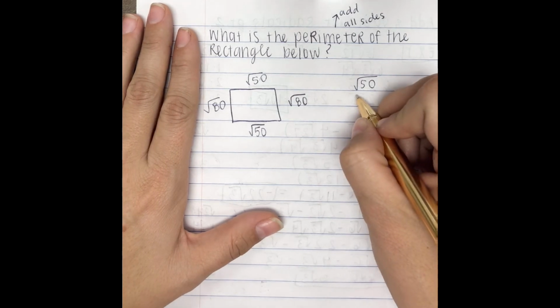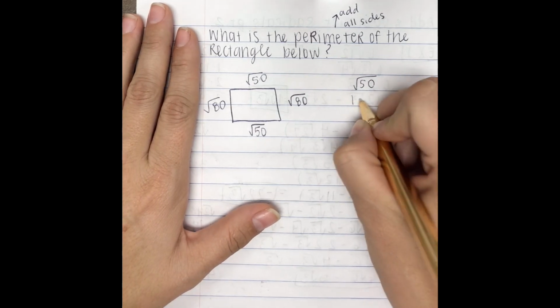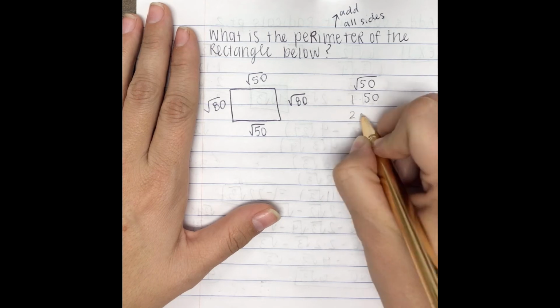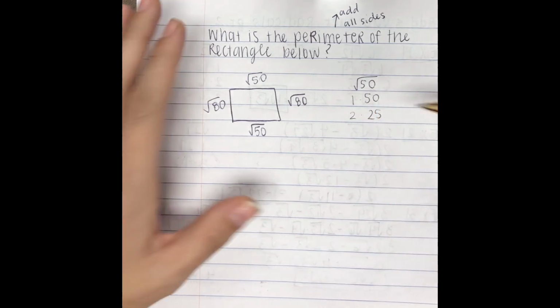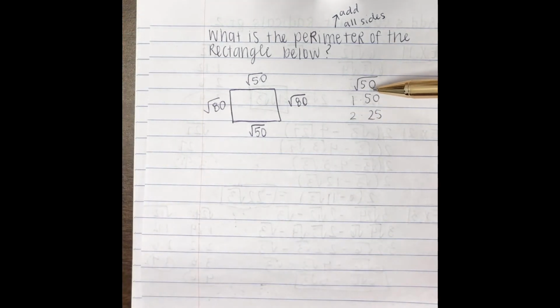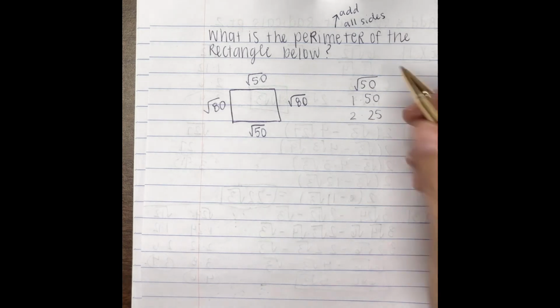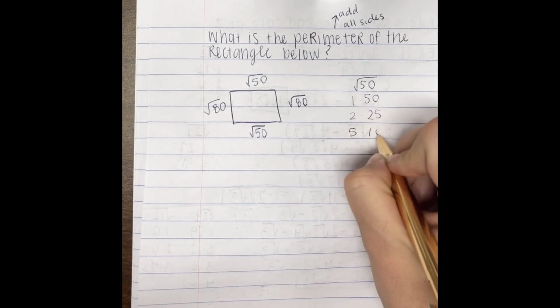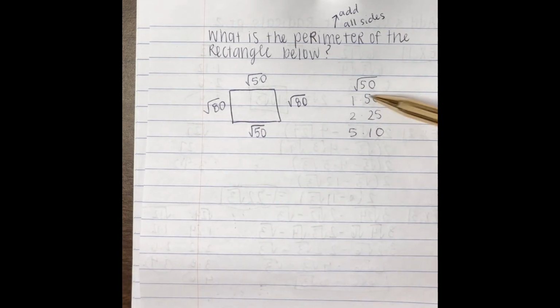Okay, so we would get 1 times 50, 2 times 25. If you divided it by 3, it wouldn't work. 4, it wouldn't work. But you would get 5 times 10. And that ends up being the only things that 50 is divisible by, or the only things that would multiply to give you 50, okay?